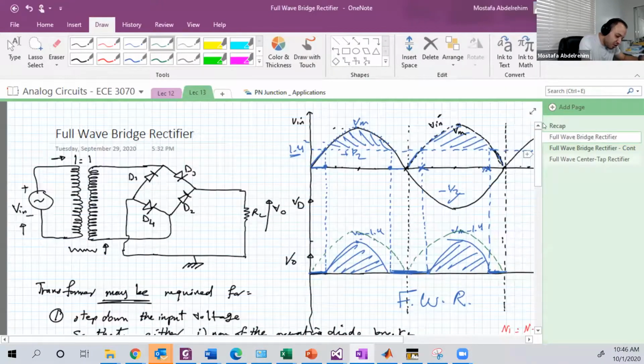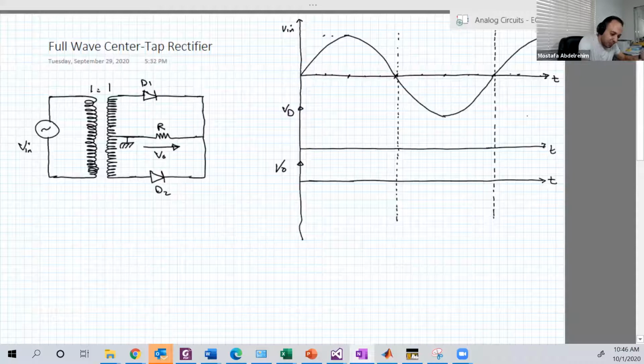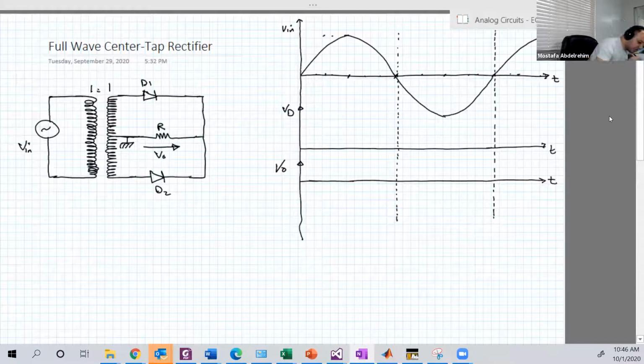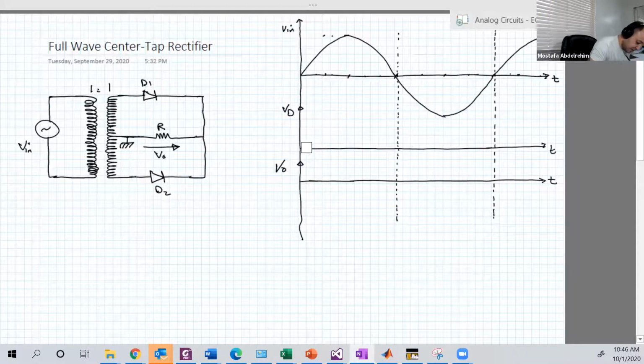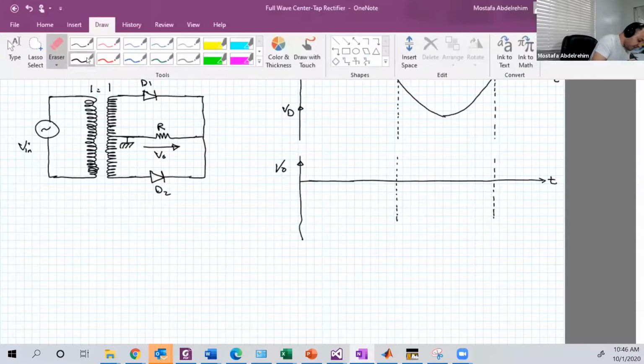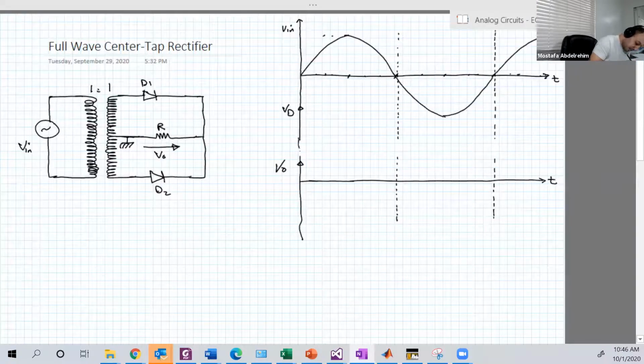So let's go to another circuit that's supposed to have better output than the half wave rectifier. Okay, it looks a little weird, but this is what the name suggests. It's called the full wave center tape rectifier.